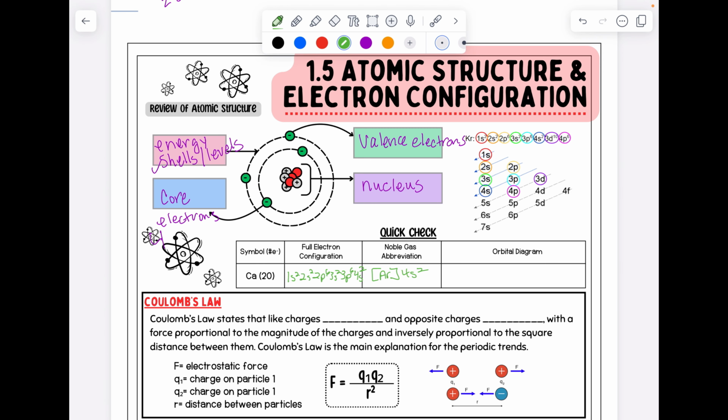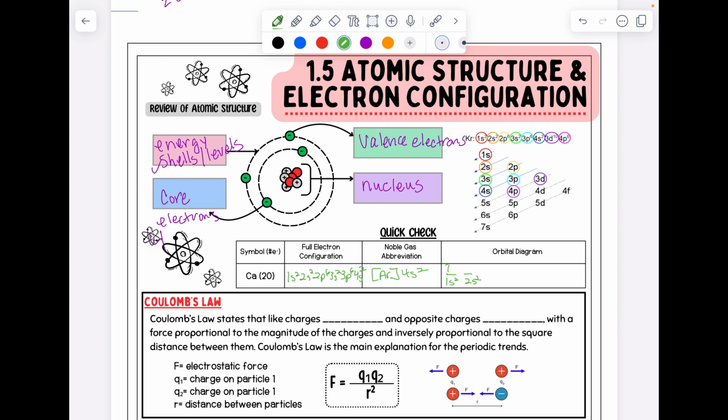Now the orbital diagram. Electrons pair up. So in each orbital, you can have 2 electrons, okay? In the s orbitals, there's only 2 electrons that can fit. So 2s2.